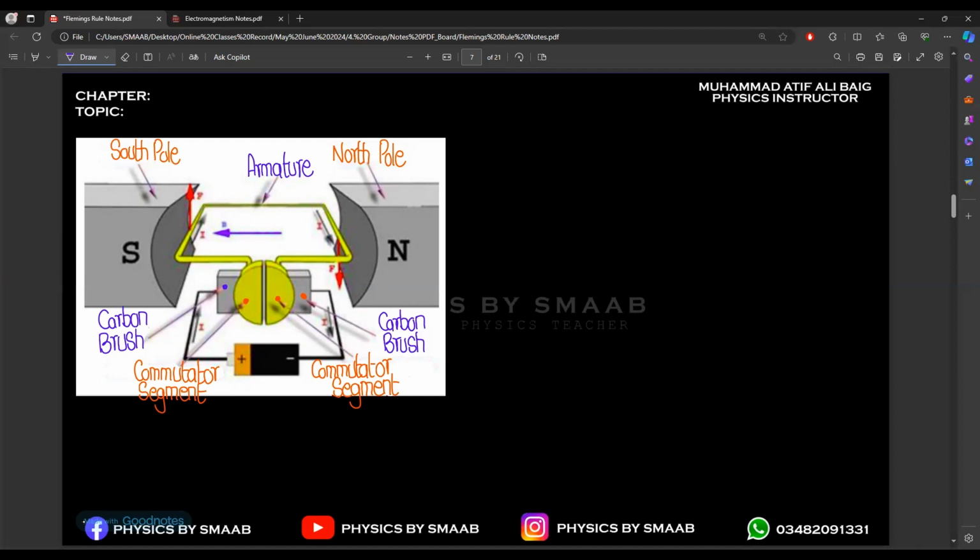And this commutator segment is also called split rings, because they are not completely connected. There is a gap between them. So that's why it is also called split rings.